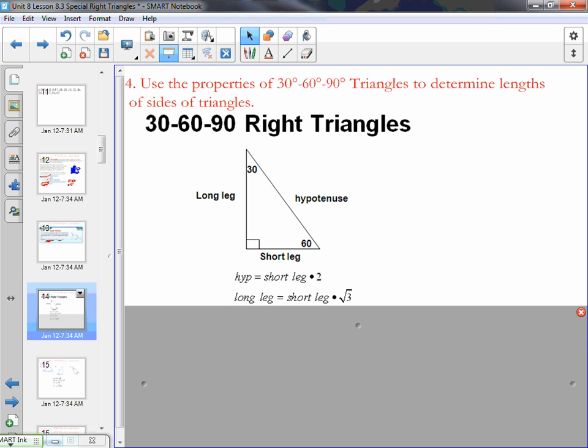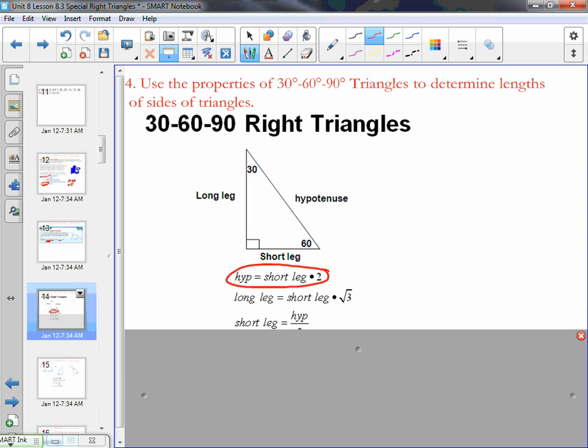But what if we don't know the short leg? Well, then we need to find it, okay? And we can find it by using these equations, just solving them for the short leg. If I take that equation and I solve it for the short leg, in other words, get the short leg by itself, wouldn't I divide both sides by 2? Wouldn't that get the short leg by itself?